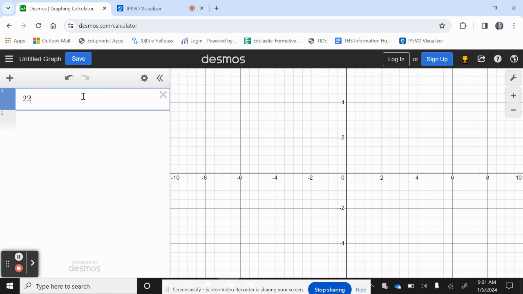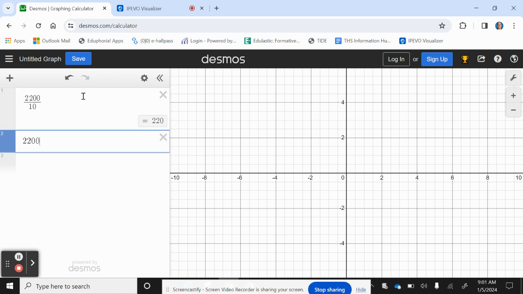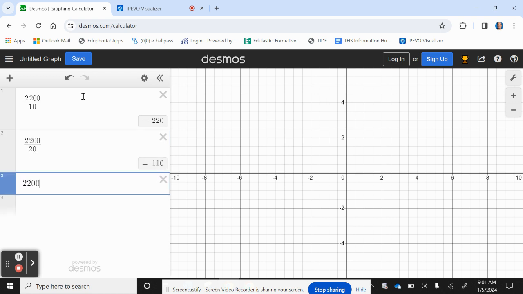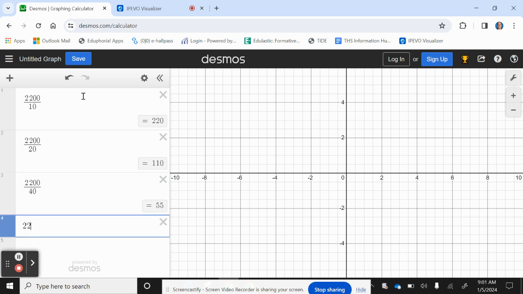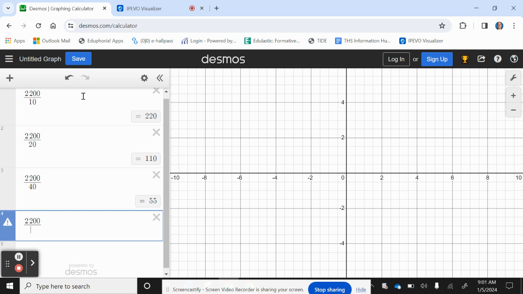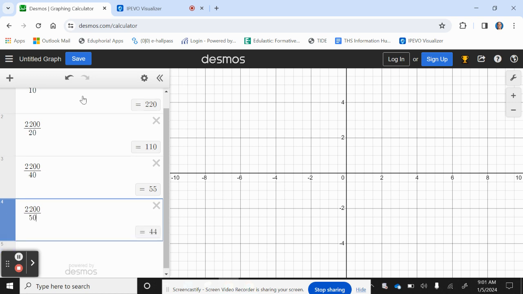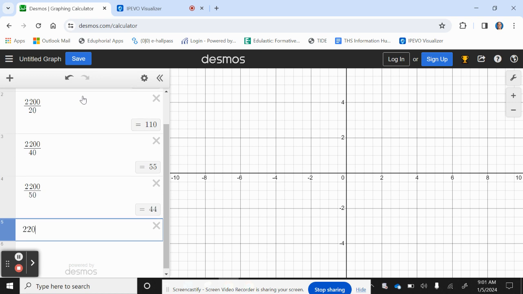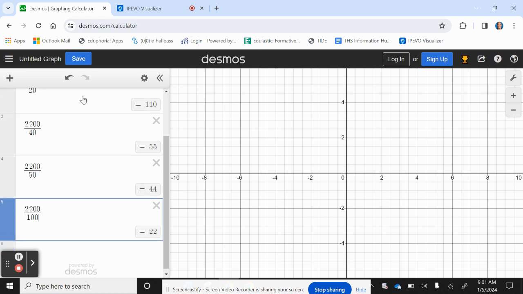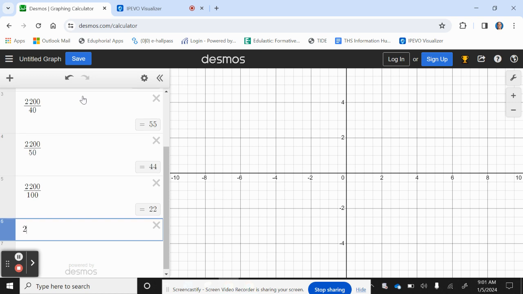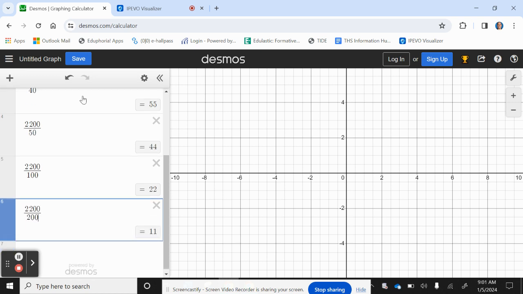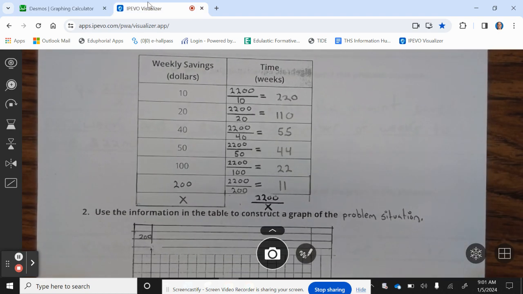So we have 2,200 divided by 10. $2,200 divided by 20. $2,200 divided by 50. All right, so go ahead and complete the table.